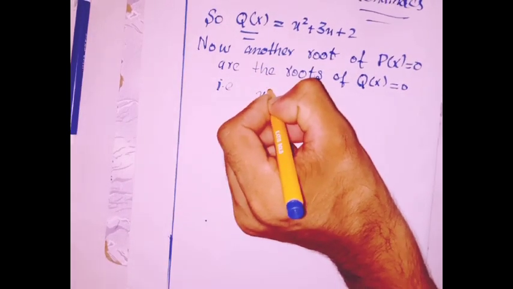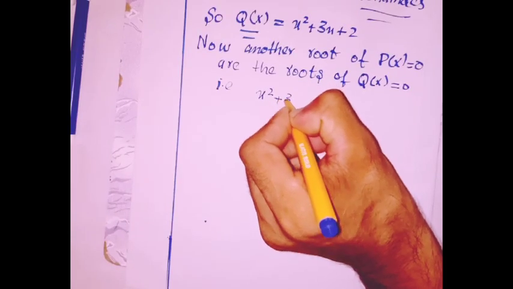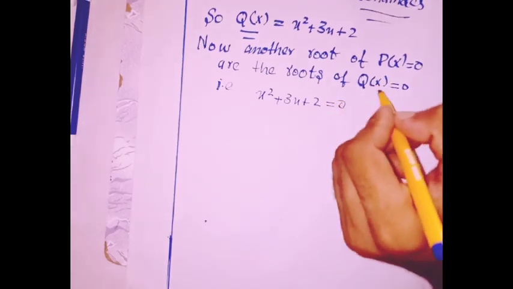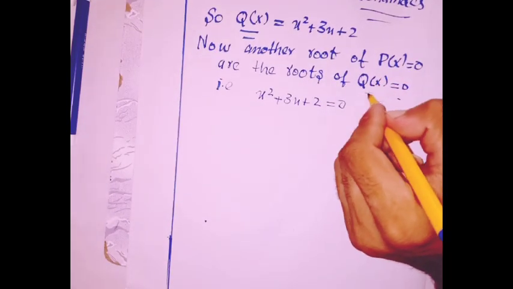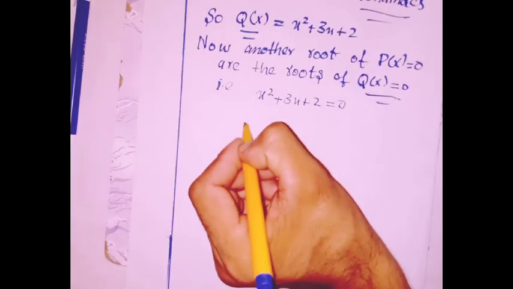So we will put the quotient q of x, which is x squared plus 3x plus 2, equal to 0, and then we will find the solution set of the given quadratic equation.